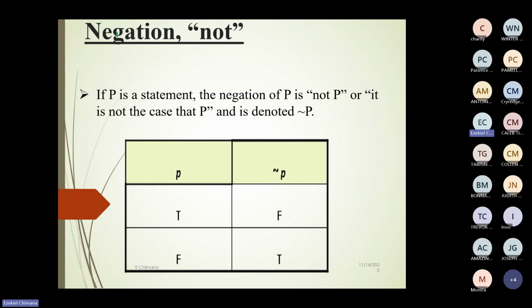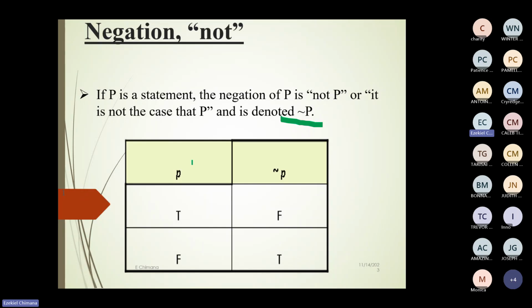Okay, so let's talk about negation on a truth table. How does it look? If P is a statement, the negation of P is not P, or it is not the case that P, and is denoted by ¬P. So how do you draw the truth table of this one?